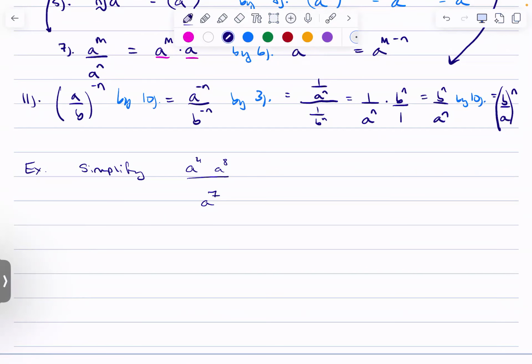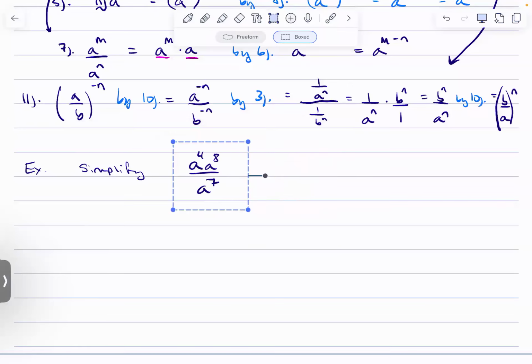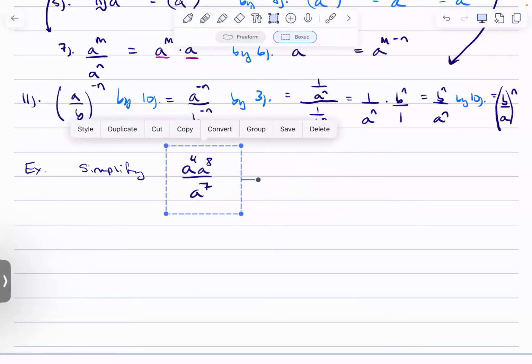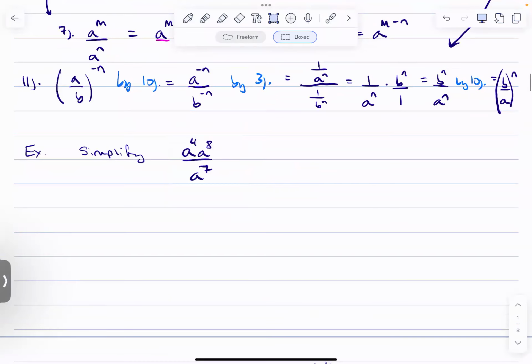Usually I avoid writing the times, because the times as a multiplier looks like an x. So we want to simplify a to the 4 times a to the 8 divided by a to the 7.